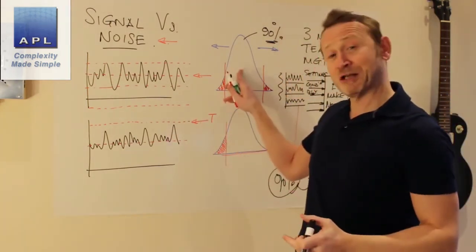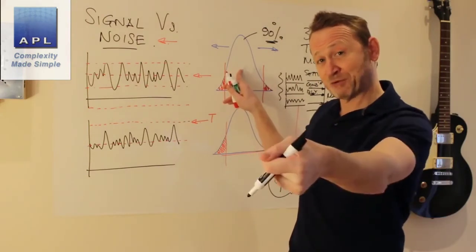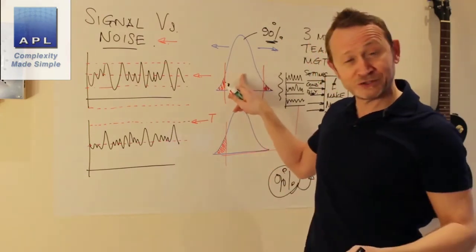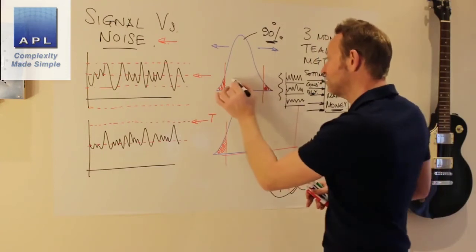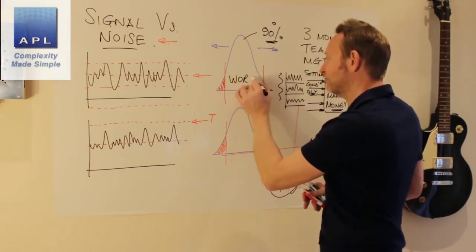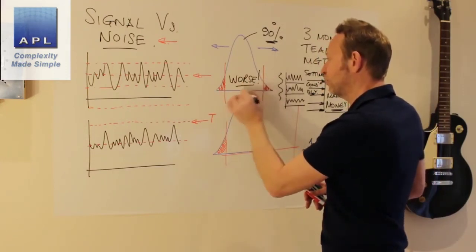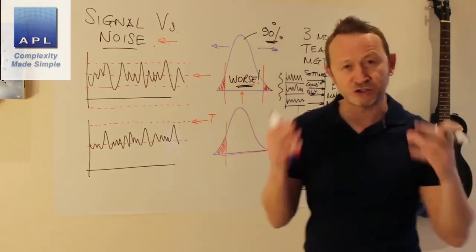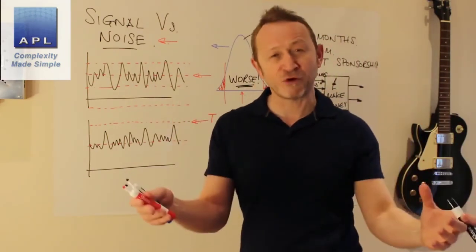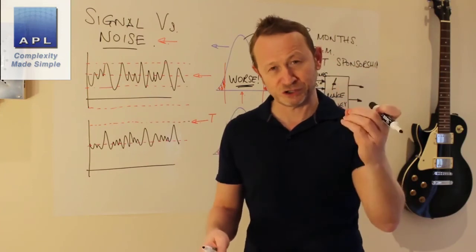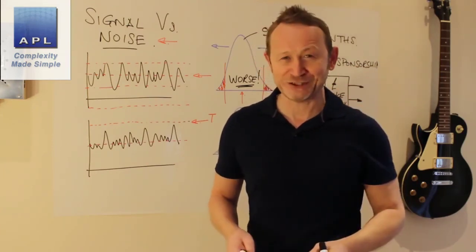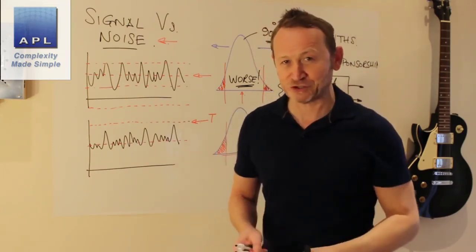In other words, you let an operator play with the dials up here. What will the operator do if he plays with the dials up here? Typically, he makes it worse. They say 90% of the time when an operator adjusts a machine, he makes it worse. Think about that for a second.